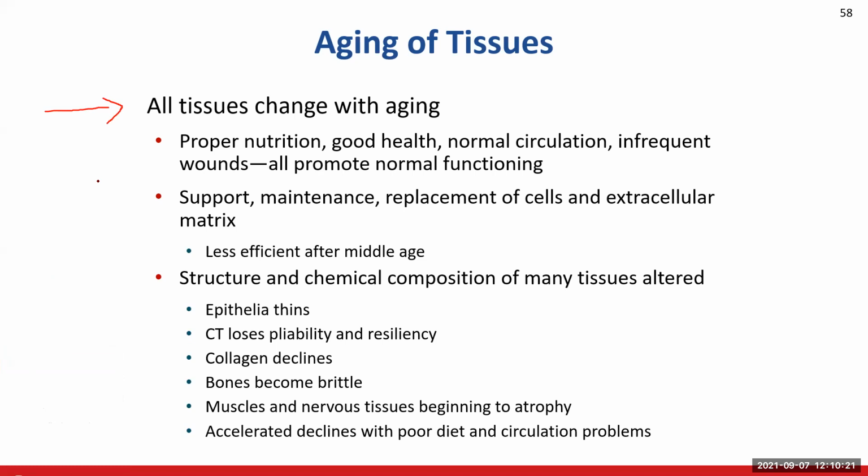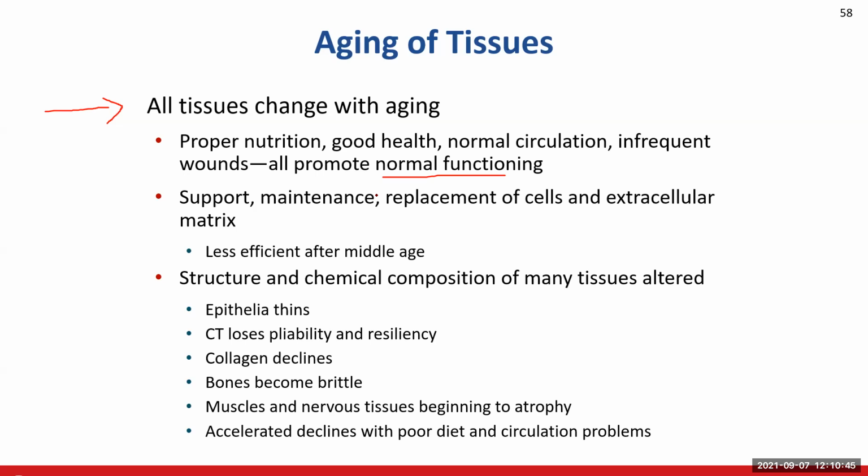All right, so to promote normal function, if we were able to give our bodies the proper nutrition and take good care of ourselves, meaning try to avoid things that are not good for our health, like smoking, inactivity, poor food choices, and lifestyle choices, that will promote the proper functioning of these tissues.